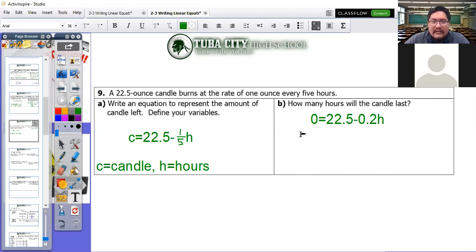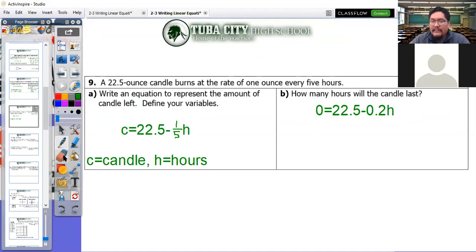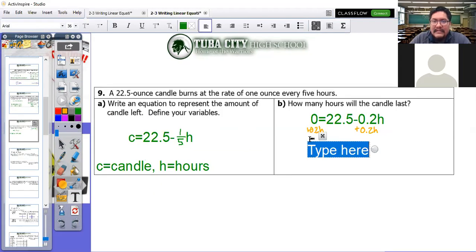All right, so now I'm going to add 0.2H to both sides. And that should give us the next thing we're looking for. So this would be 0.2H equals 22.5. Again, it burns 1/5 of an ounce every hour.